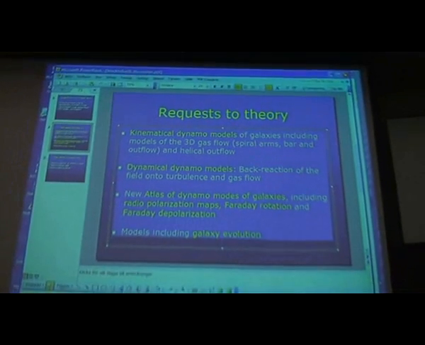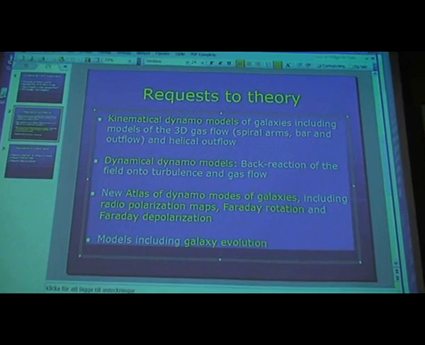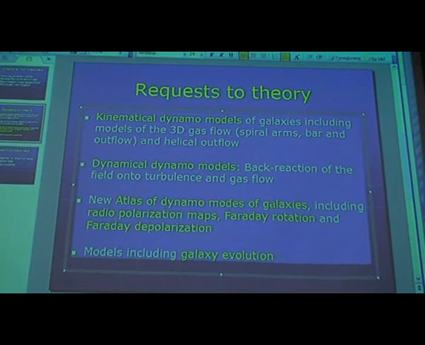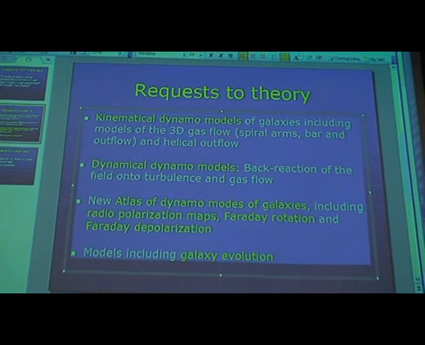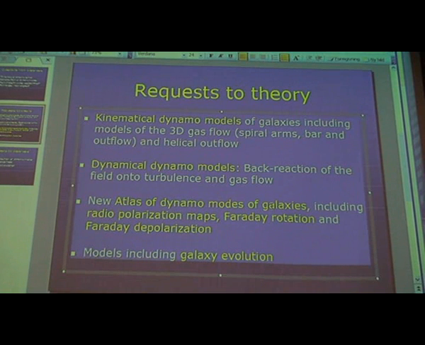However, usually we are not able to resolve the length scales on which dynamo action is taking place. But for many phenomena we are looking at, like radio emission or transport processes, we would like to have an idea of what the magnetic field should be in this environment given some dynamo theory.